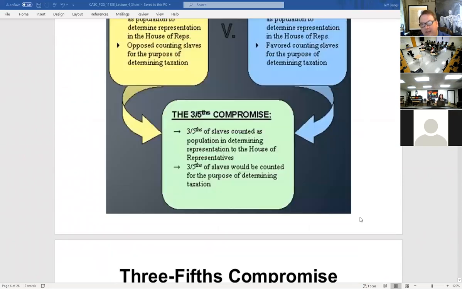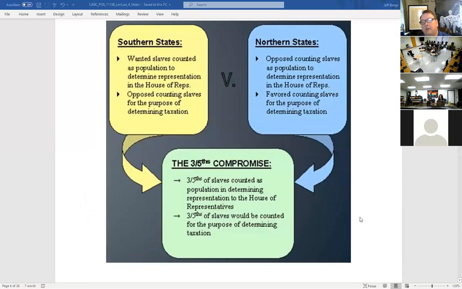So in that way, the compromise was the southern states still were able to count 60% of their slaves to determine how many representatives they got, but the northern states counted that 60% to make sure they didn't lose as much tax money from the South.